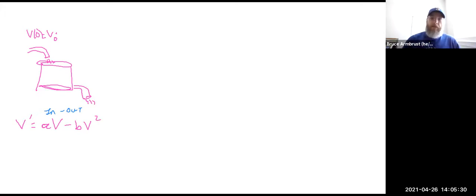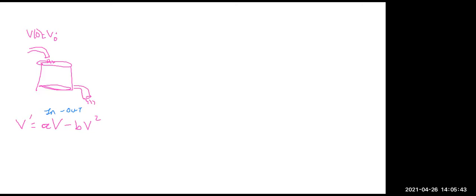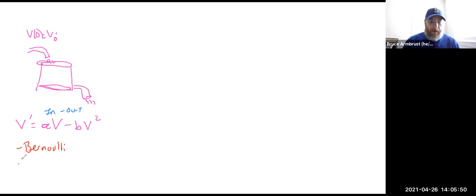What else could we do with it? It's separable. It is separable. So let's put our choices here. Bernoulli. And it is separable, right? Because it's all in terms of v, we can just divide that over, and then that guy's separable.